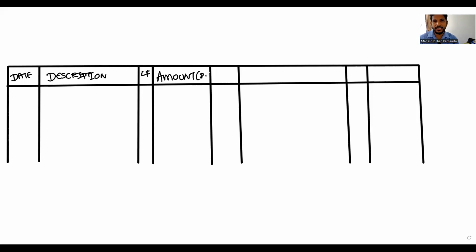Amount in rupees. Again, the same columns are recorded. Date. Description. Ledger folio. Amount in rupees. Today, most importantly, I'm going to tell you something. It is compulsory for you to write the name of the account at the top.